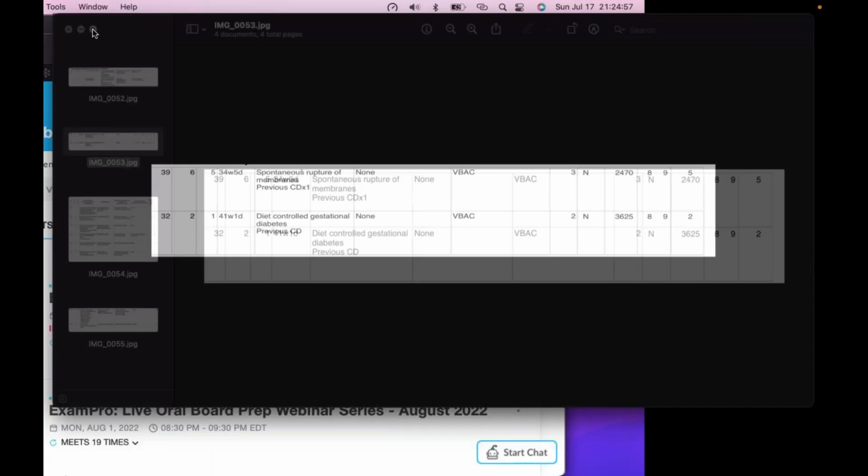All right, so I want to go over, before we end, an OB case. If you have any patients on your list, and there's a whole category on your OB case list for repeat cesarean sections, if you have cases in that category or any repeat cesareans anywhere in your case list, this is something to consider.